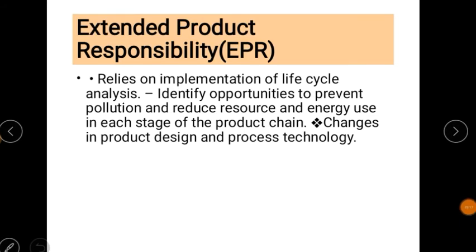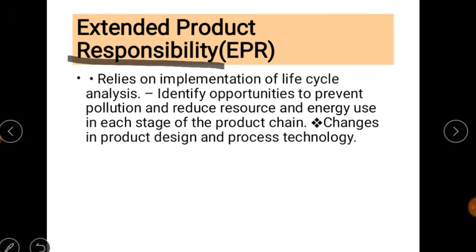Then another market based instrument is extended product responsibility. If the product responsibility is extended, then that product will not be produced in large quantity. If the warranty is more for that product, then that product will not be thrown outside, it will be used for a longer period, because it will be repairable by the company without any cost.